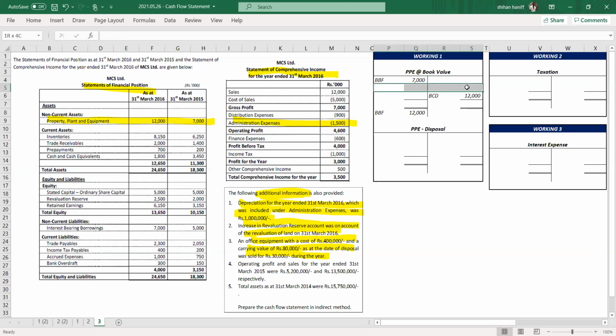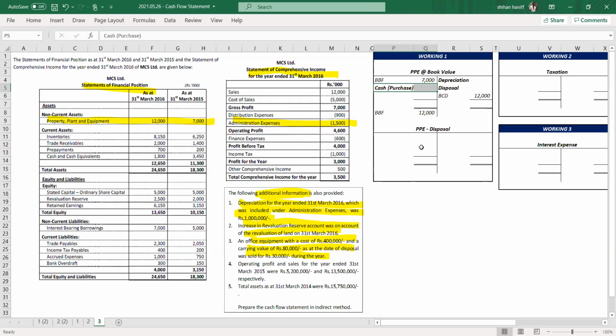And other transactions in this account can be disposal and also purchases. New purchase of PPE. These are other transactions in this account. And since accumulated depreciation is not given, depreciation also will come under the PPE account.